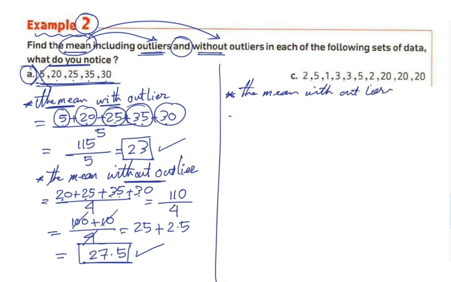I will find the sum of all of these values: 2 plus 5 is 7, plus 1 is 8, plus 3 is 11, plus 3 is 14, plus 5 is 19, plus 2 is 21, plus 40 is 61, plus 20 is 81 divided by the number of them: 1 2 3 4 5 6 7 8 9 10. So 81 divided by 10 equals 8.1.